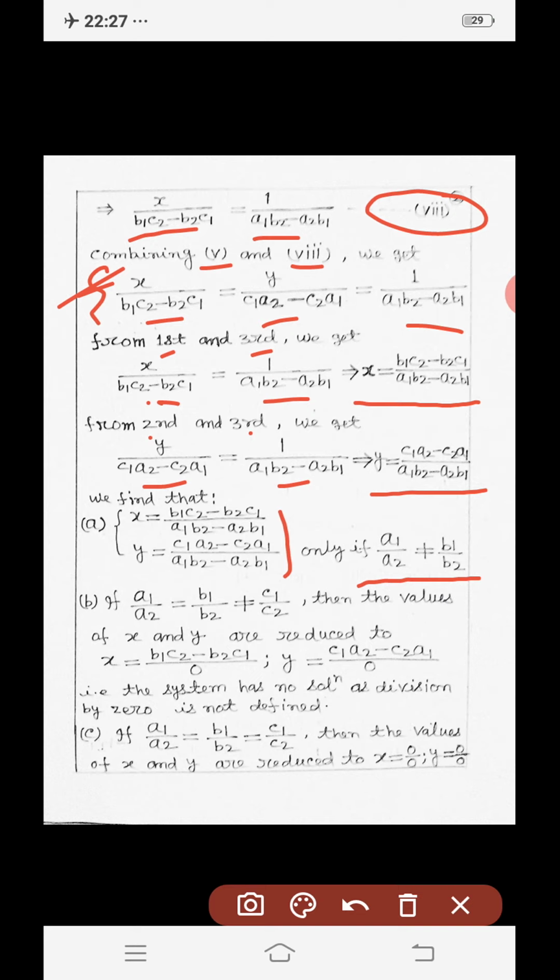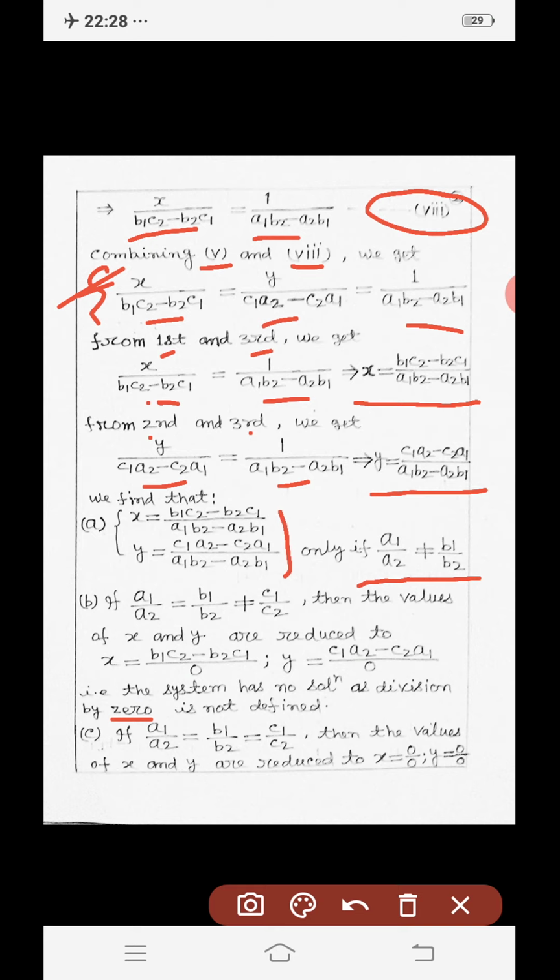B. If a1 by a2 equal to b1 by b2 not equal to c1 by c2, then the values of x and y are reduced to x equal to (b1 c2 minus b2 c1) by 0 and y equal to (c1 a2 minus c2 a1) by 0. That is, the system has no solution as division by 0 is not defined.